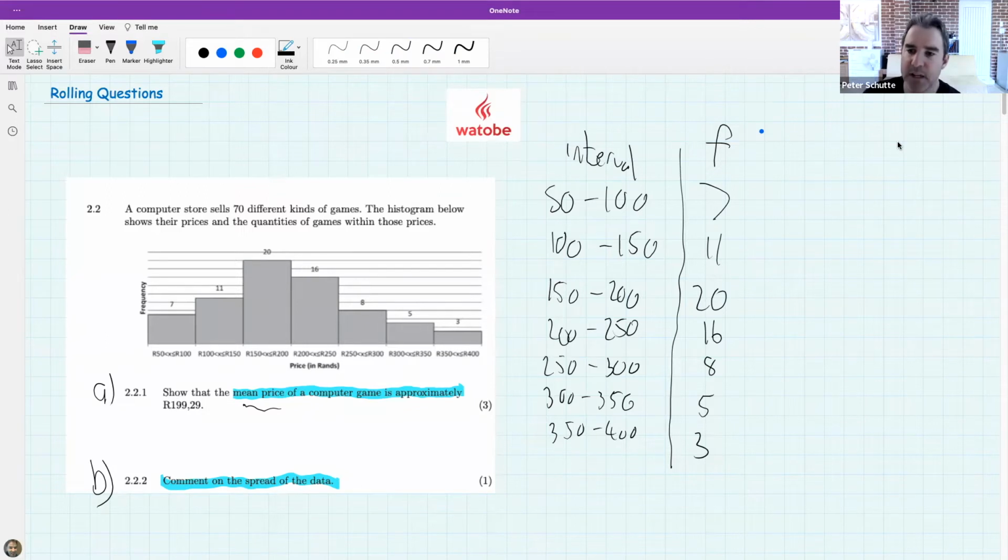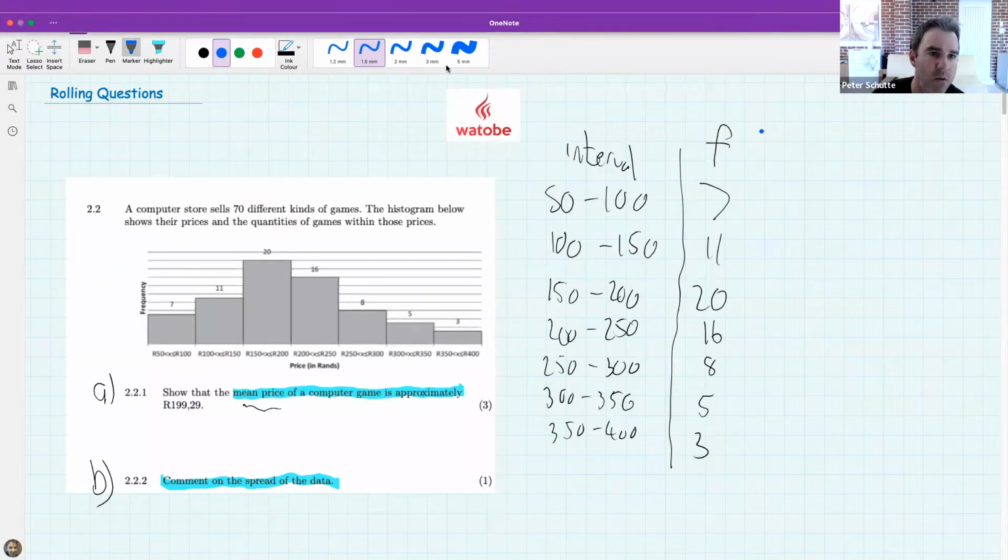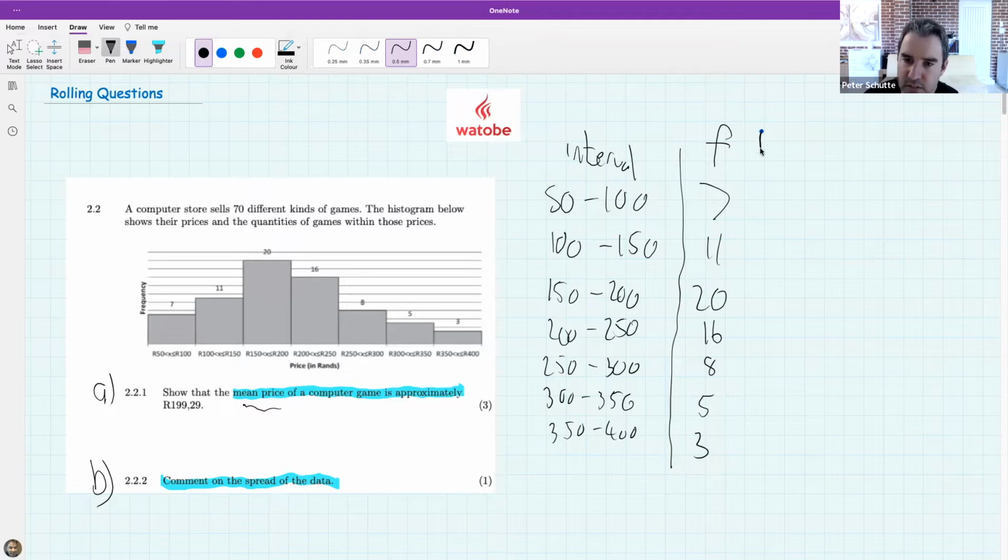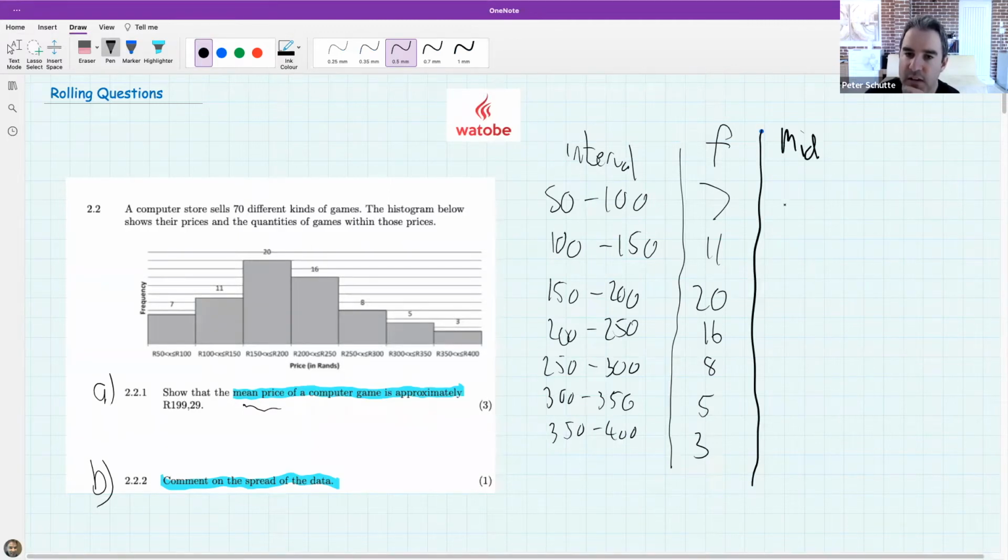Yes, Arriva, the midpoint times the frequency. You guys are on it. So, let's put the midpoint here. The midpoint for this would be 75.